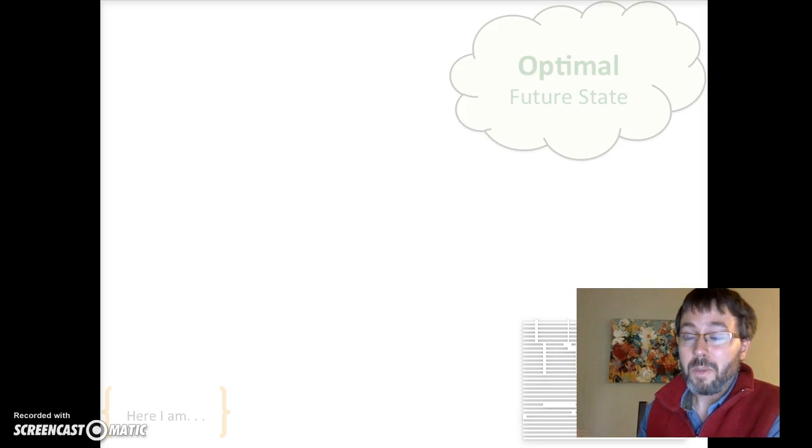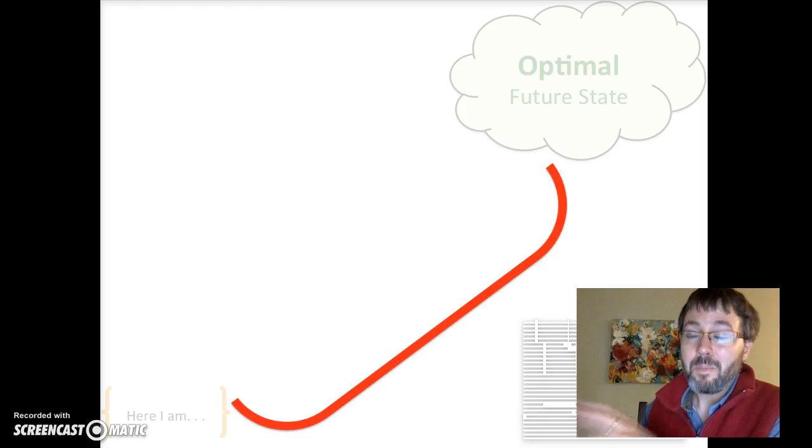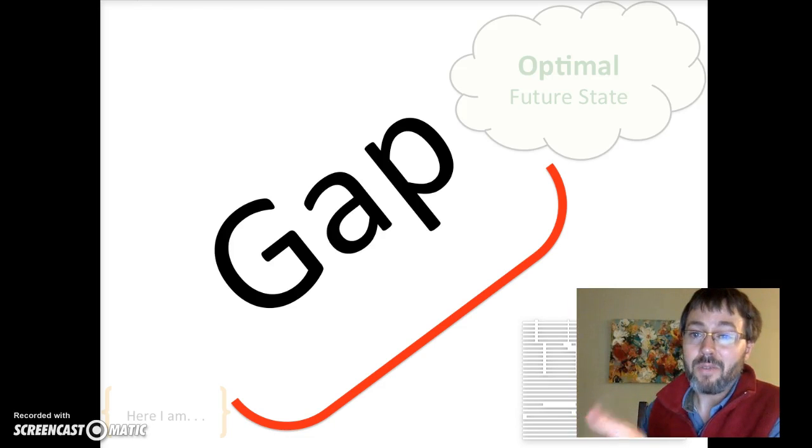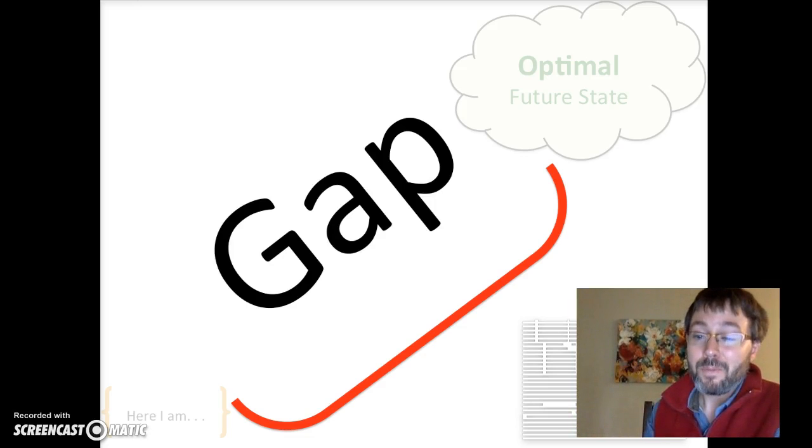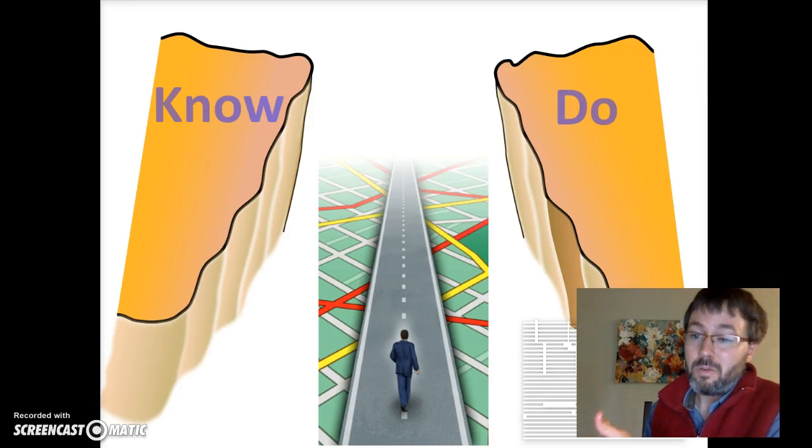We also talked about how crucial it is to have a sense of the desired future state, the place where we want to be, and compare that to where we are now to identify the gap, and how we're going to bridge that gap is completely dependent on the roadmaps we use. And so in this course, we're using two powerful roadmaps that have an evidence base behind them to guide you on your journey.